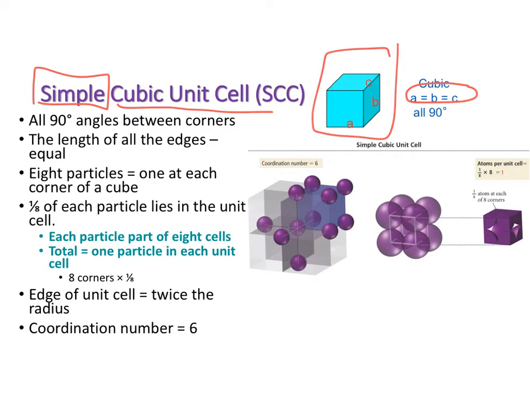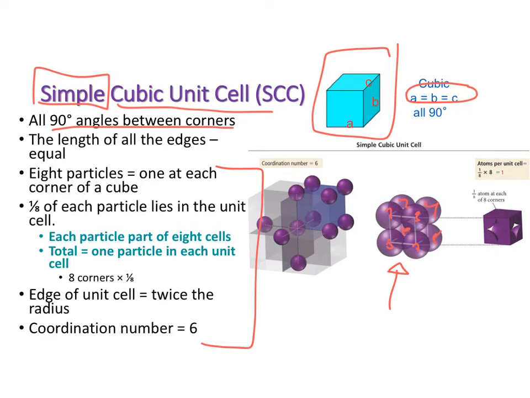The angles between the corners are all 90 degrees, so a typical cube. The major things to know about the simple cubic unit cell are these. First of all, there are 8 particles, 1 at each corner of the cube. You can see here that there's a total of 1, 2, 3, 4, 5, 6, 7, and 8.